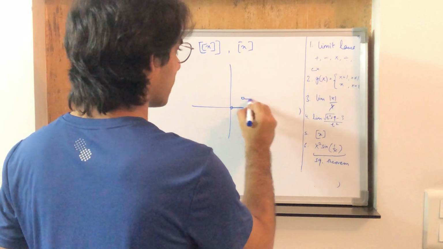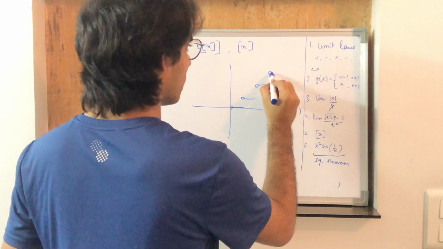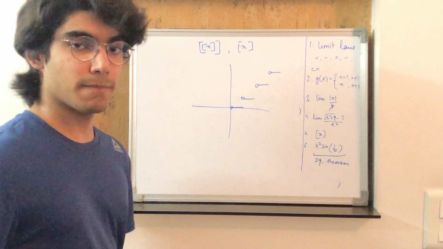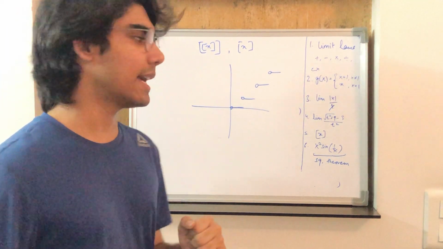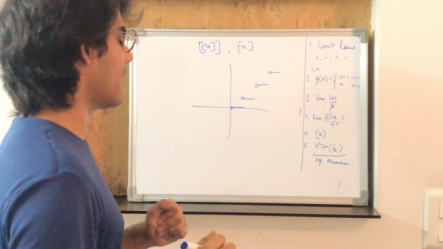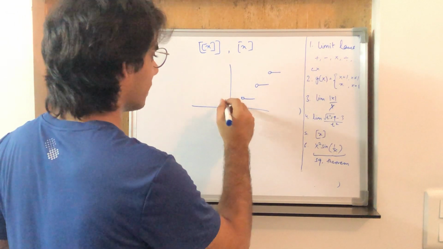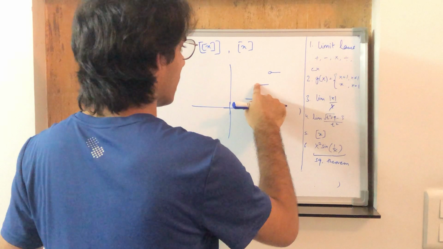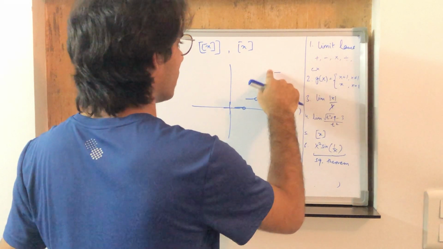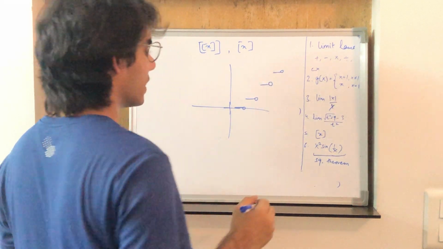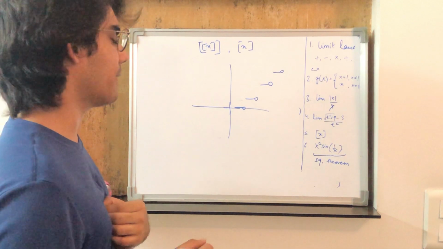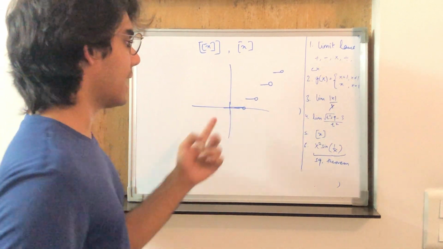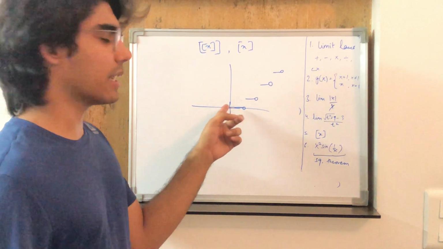It's going to be like this. These dots make a lot of difference, these empty circles. So what this means is that if I have x is equal to 0, I'm just going to get 0.